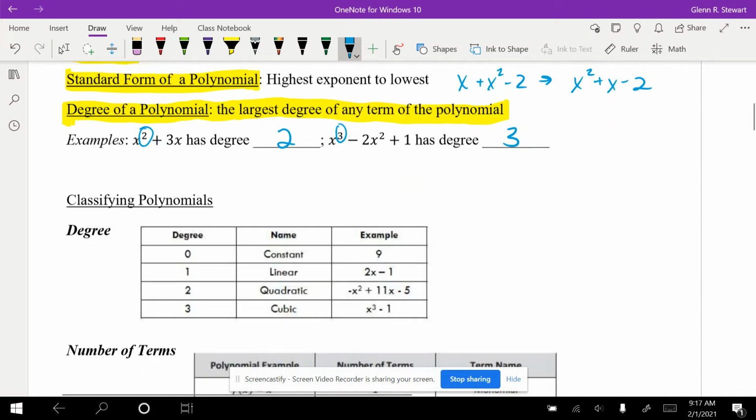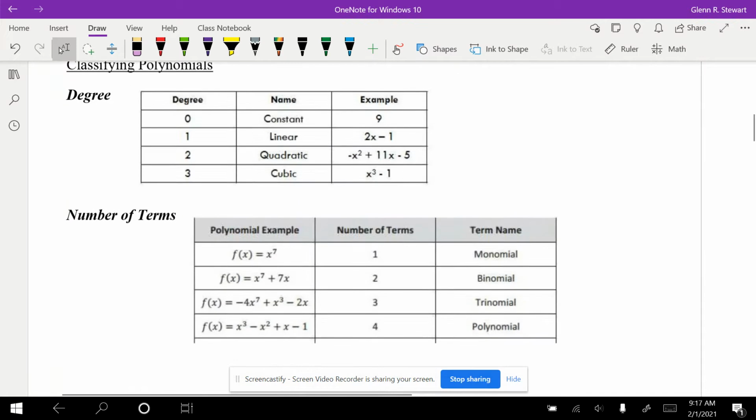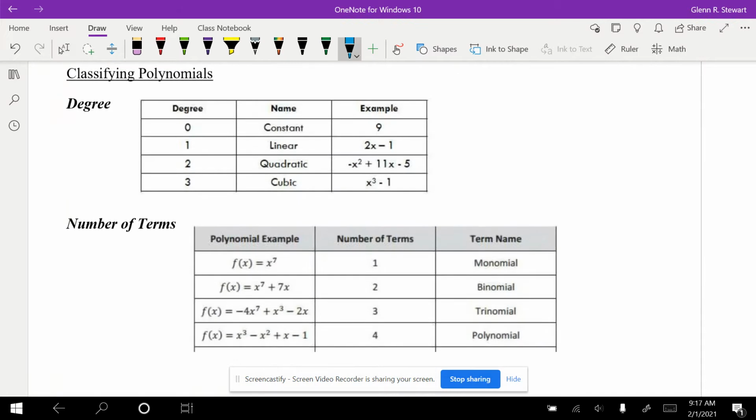So now's the time, if you have a phone and you want to take a picture of this, it's a little chart to help you along. Note that when we are looking at degrees, when we have 4 or more degrees, we just say blank degree.